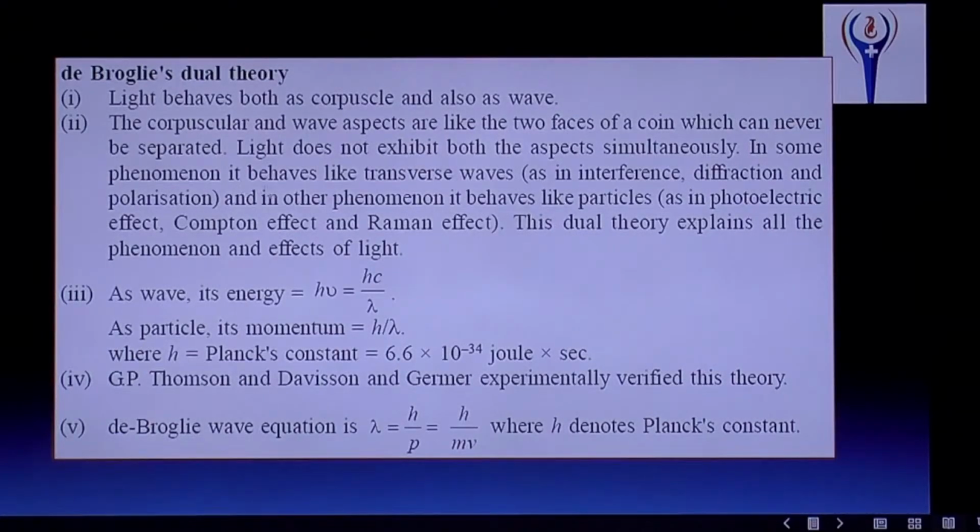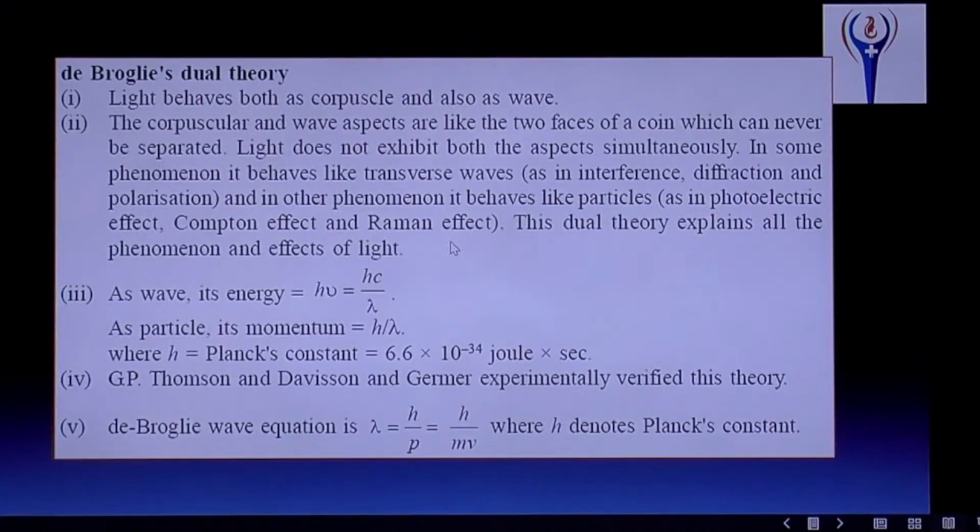In some phenomena, it behaves like a transverse wave. Interference, diffraction, and polarization prove that light is a wave, not a particle. Suppose light is a wave: it is proved by the experiments of interference, diffraction and polarization. And for particle nature, we should follow the photoelectric effect, Compton effect and Raman effect.